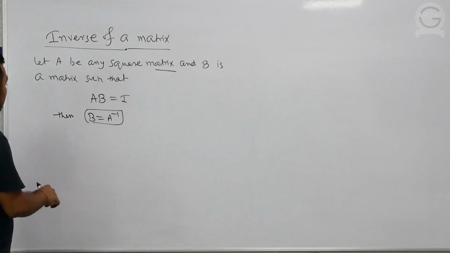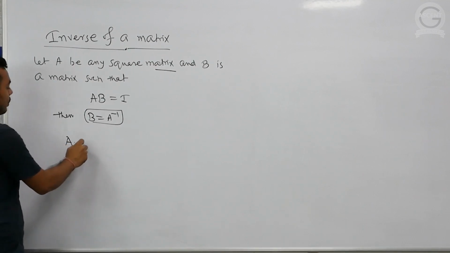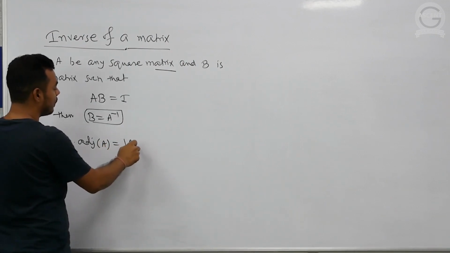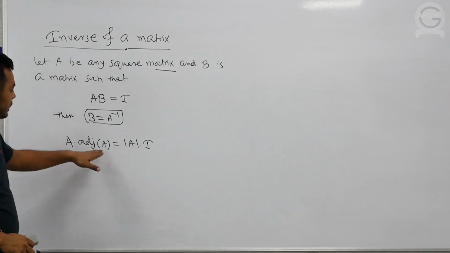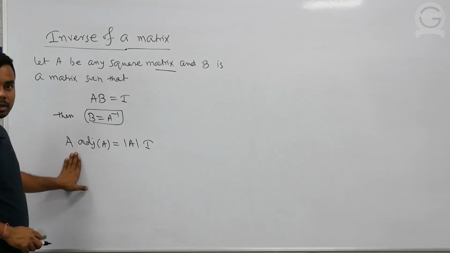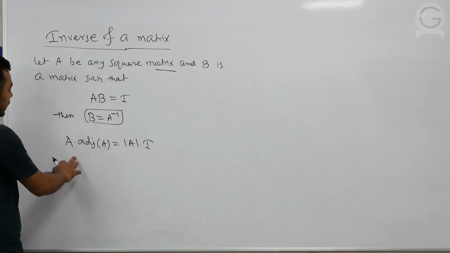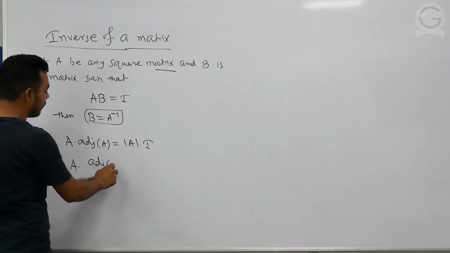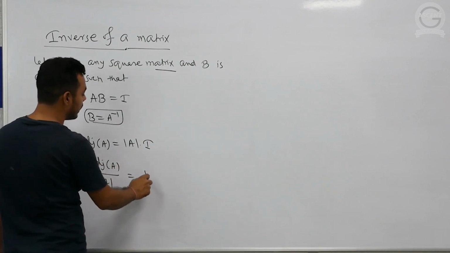Now we have seen that if I have a matrix A, then A into adjoint of A was determinant of A into the identity matrix. This was the relation that we have discussed earlier. So I can rewrite this relation as A into adjoint of A by determinant of A equals identity.